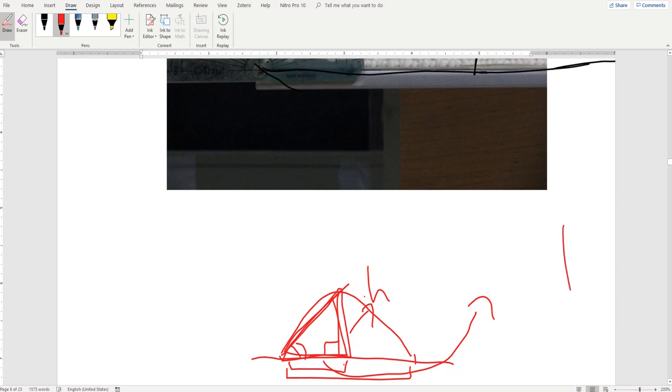Now we have this triangle, and I want to see this angle. I have the radius and I have the height.